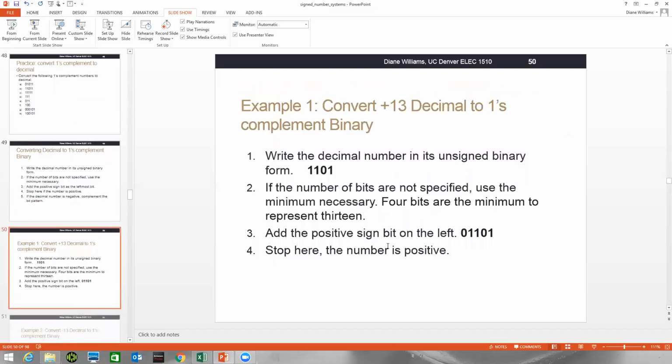Okay, let's look at an example. So we want to convert plus 13 in decimal to ones complement binary. So step one, write the decimal number in its unsigned binary form. If I were you, like I said, as I'm following along, I'd be writing this in my notes. You write this down by hand, write these words out of these steps.